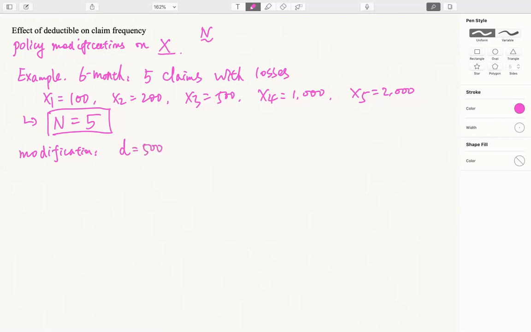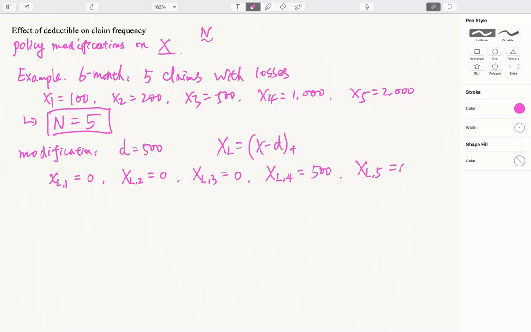Let's use X tilde, or XL, which is something we use more commonly, to denote the amount. So after applying this modification, the first one becomes 0. The second one becomes 0 as well. So is the third one. The fourth one becomes 500. The last one becomes 1000.